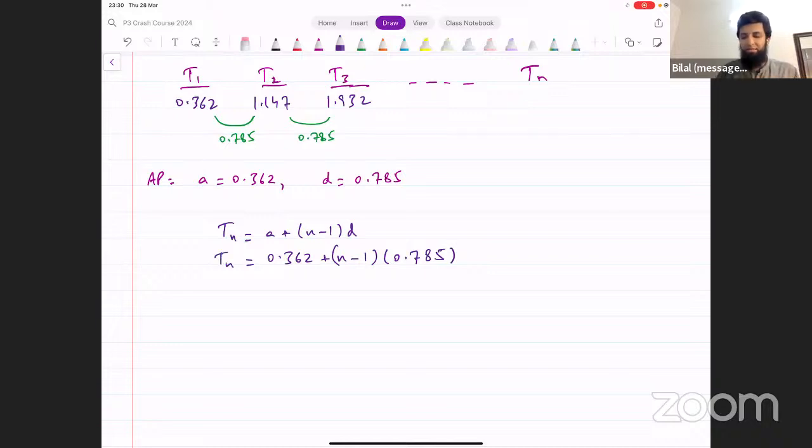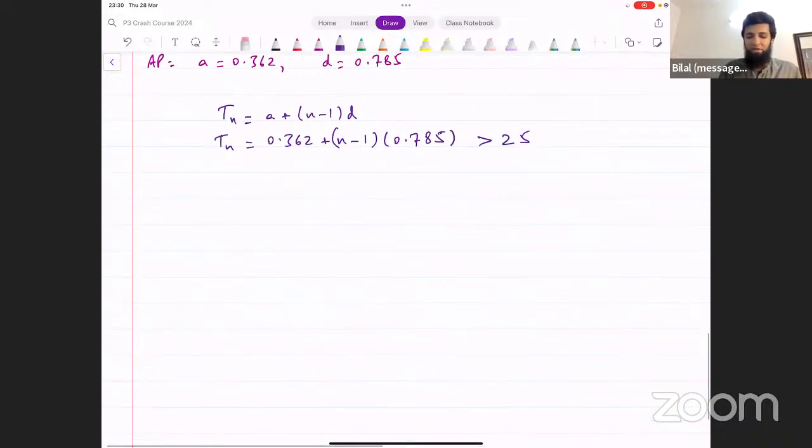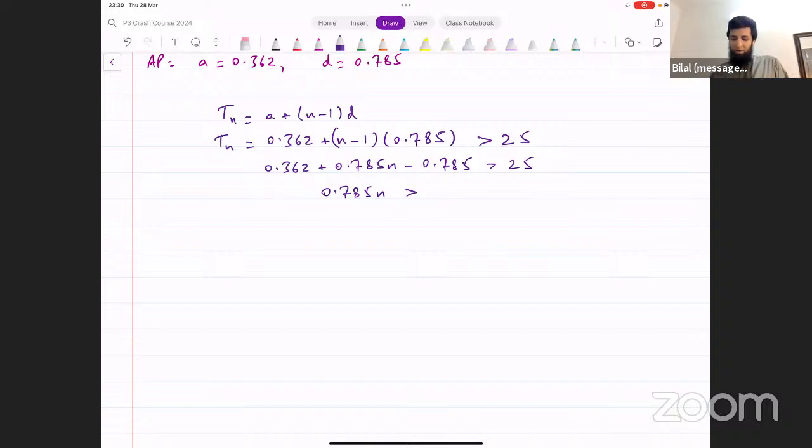They are saying this nth term has to be greater than 25. So you put this greater than 25 and solve this inequality to see what that gives you. 0.362 plus 0.785 times n minus 0.785, and on the other side, you've got 25. 0.785 times n is greater than 25 plus 0.785 minus 0.362.